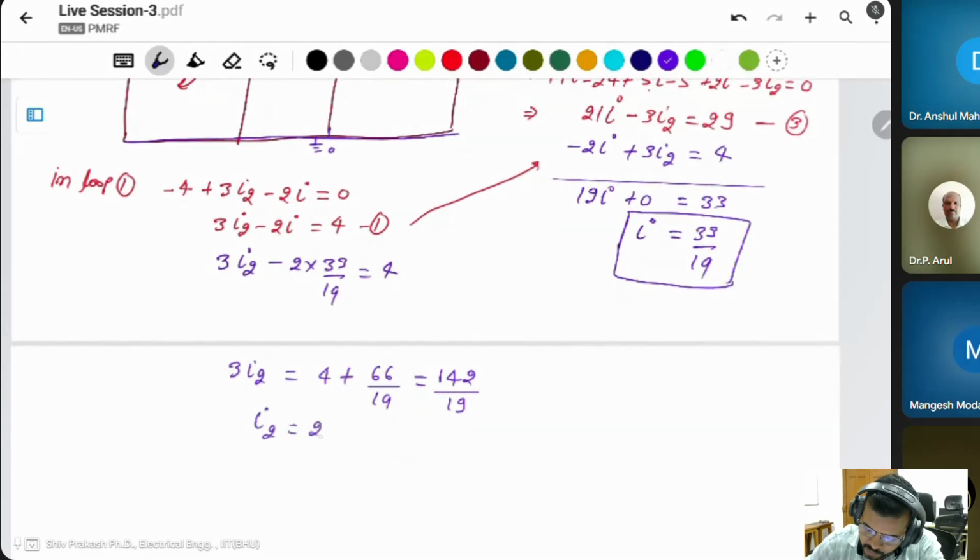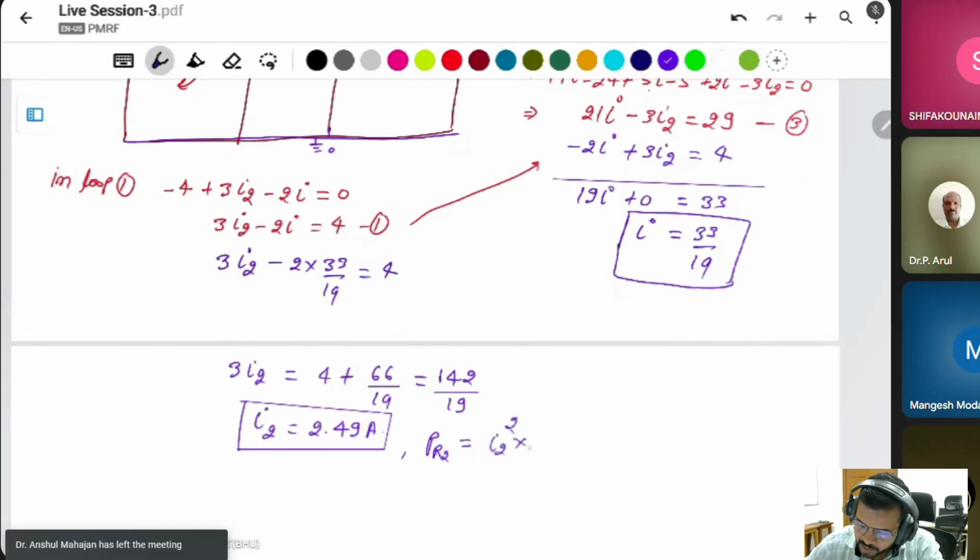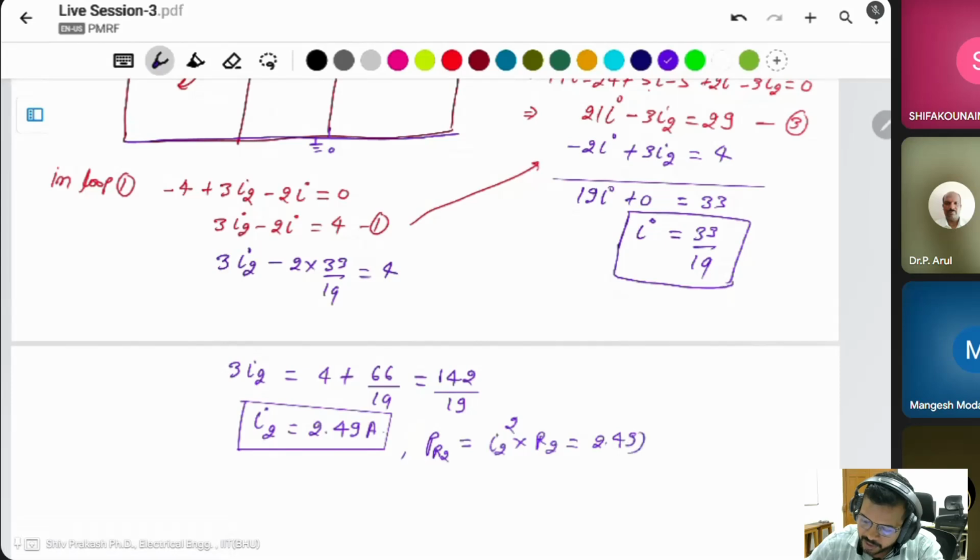I2 is equal to 2.49 ampere. Then what is the power at resistance R2? PR2 is I2 square into R2, 2.49 square into R2 which is 3. It will be 18.61 watt.